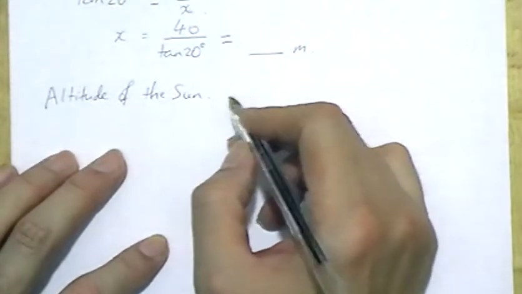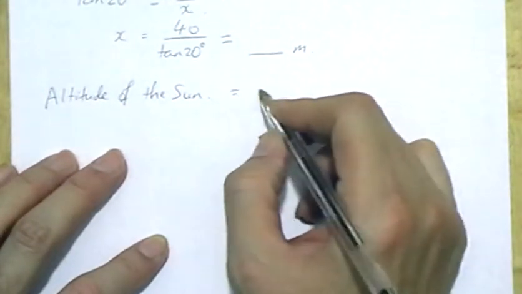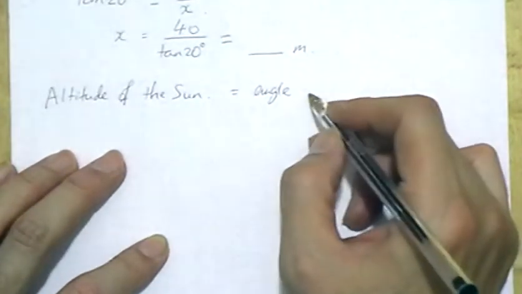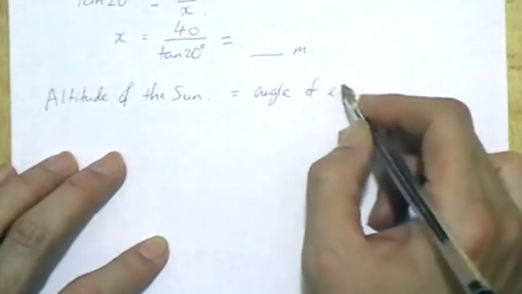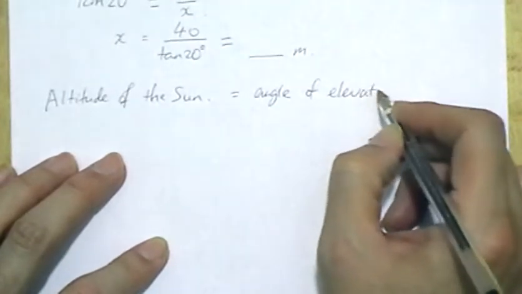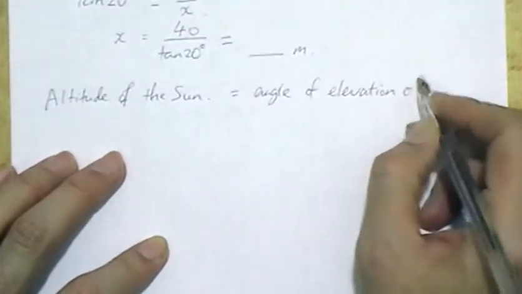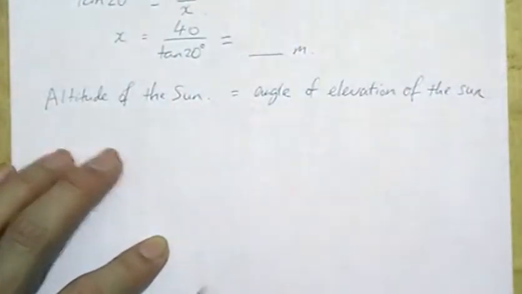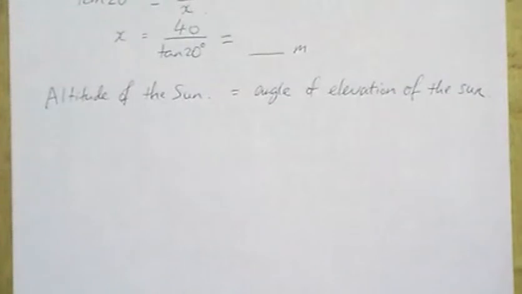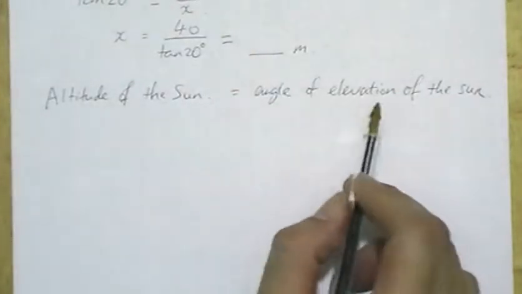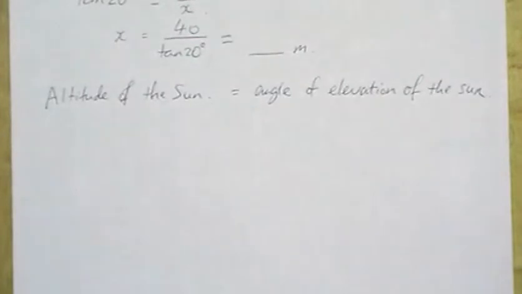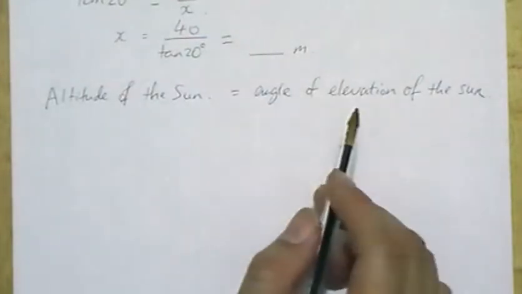Now the altitude of the sun is the same as the angle of elevation of the sun. So the angle of elevation is the opposite of angle of depression. So instead of looking down, we would look up.